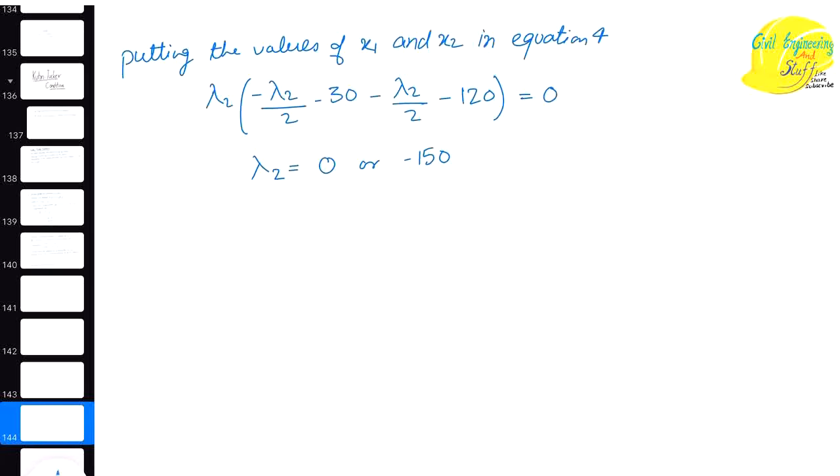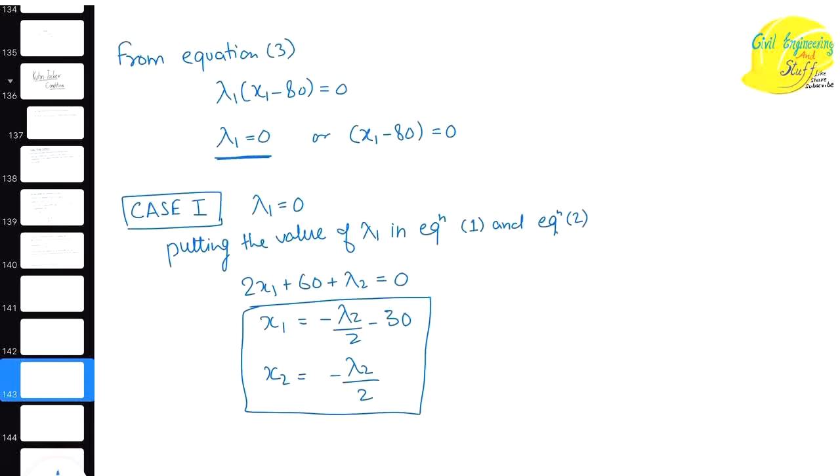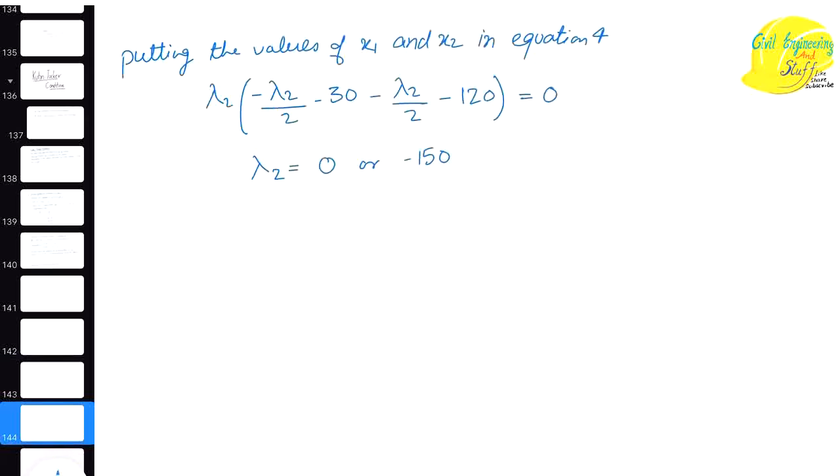So you see we have taken lambda 1 equal to 0, and through this we have found the value of lambda 2. Now we have the value of lambda 1 and lambda 2. Since we are in case 1, lambda 1 will be 0, and let's check by taking lambda 2 equal to 0 the first time, and then lambda 2 equal to minus 150 the second time.